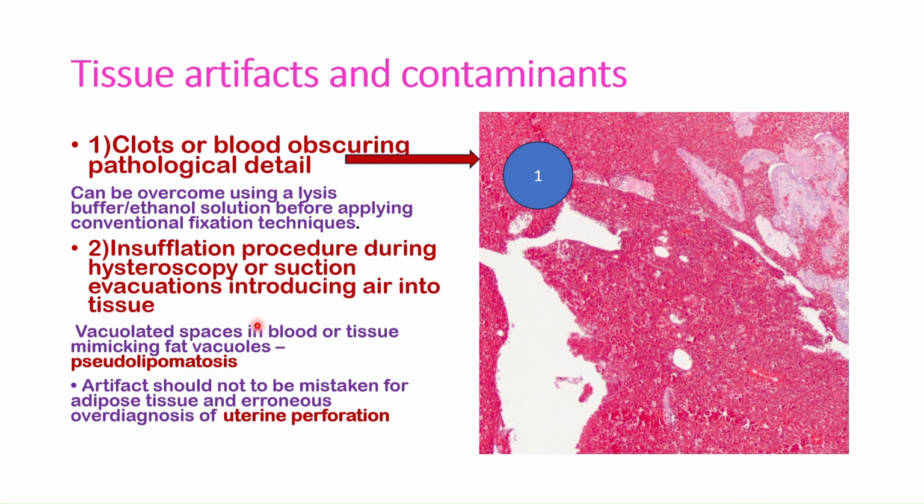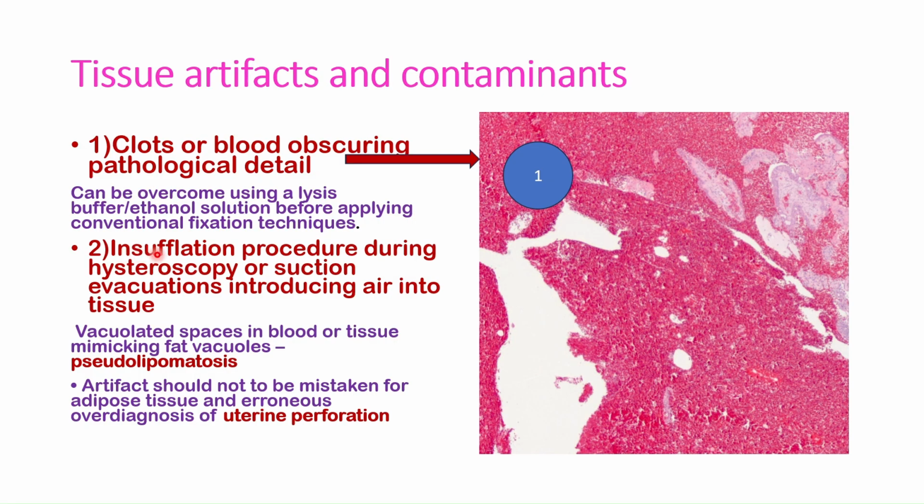So here in this section, we can see presence of blood clots and only faintly stained glands are visible. These are cervical glands. Here we can see no endometrial glands are seen. This can be overcome using a lysis buffer or ethanol solution before applying conventional fixation techniques.